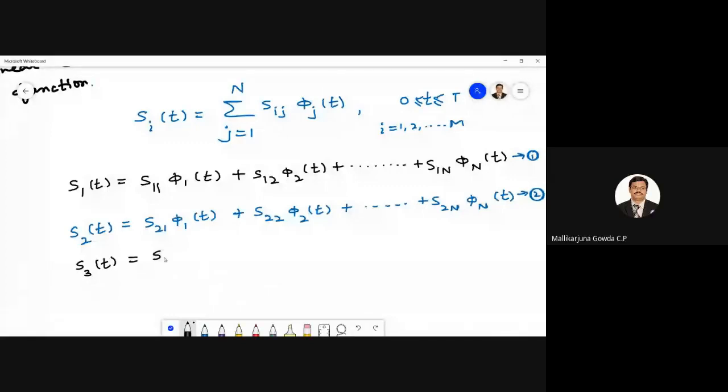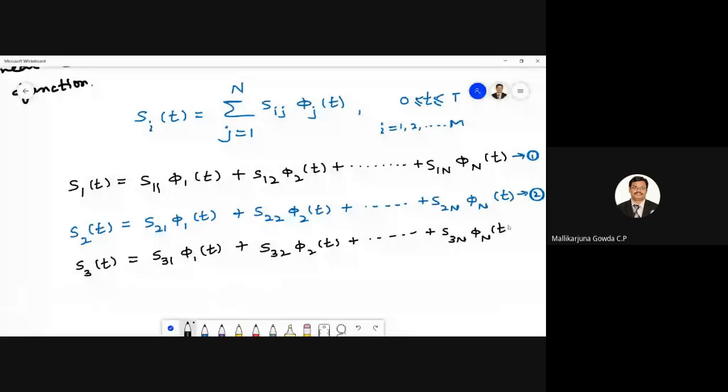Yes, S31 phi 1 of t, plus, now the value of i is 3. Substitute i as 3 and vary j from 1 to n. That's all. S31 phi 1 of t, then S32 phi 2 of t, and so on up to S3n phi n of t.